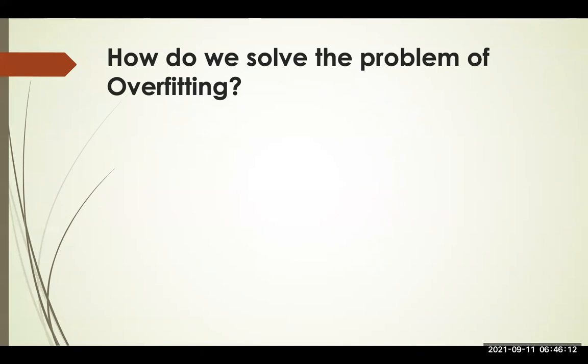So are you saying that if I've used logistic regression and it's overfitting, we should change it to another model like random forest or support vector machine? Is that what you're saying? Yes, maybe. Okay. All right, any other person? Thank you, Sammy.